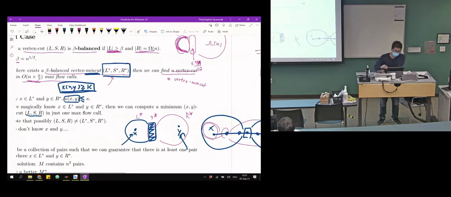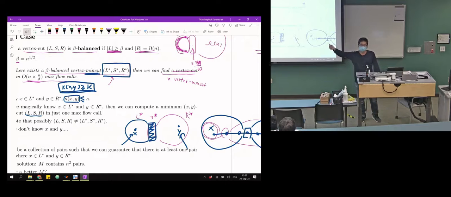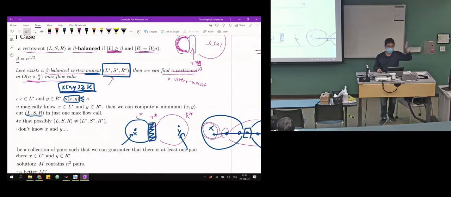Something like n over beta, because that's the probability of hitting one of the good ones. If we allow randomization and pick y randomly, then with constant probability it would be on the bigger side, on R. So that takes constant time. And how many times you need to pick so that you get something in L is something like n over beta.